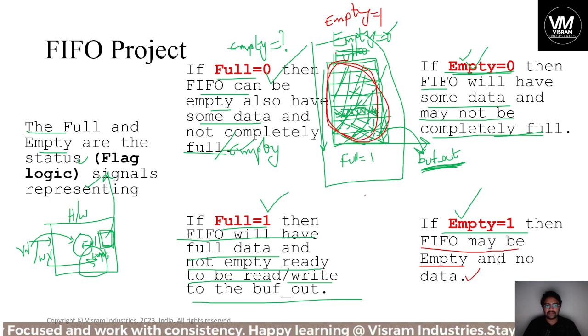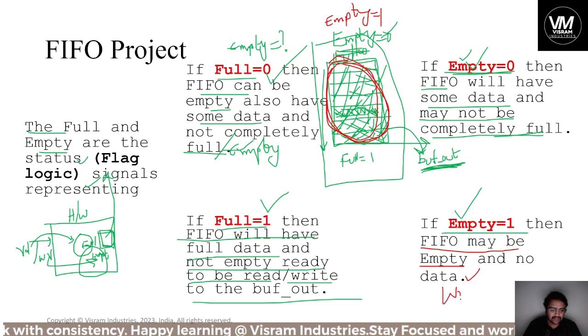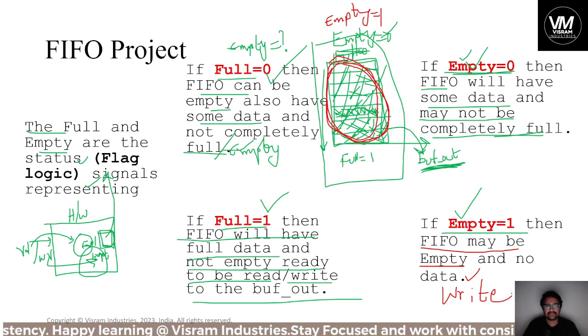Okay, so if it is completely 0, right? What can we do? We can write in this condition. That is what the flag does.